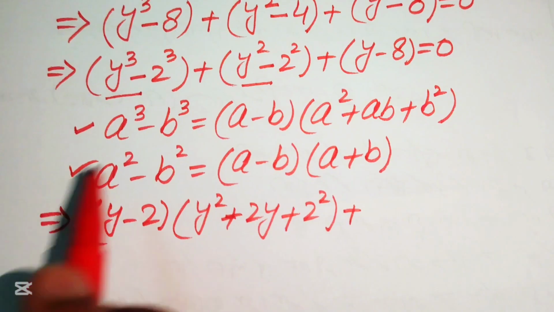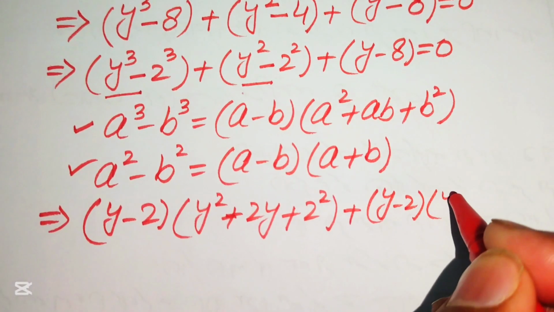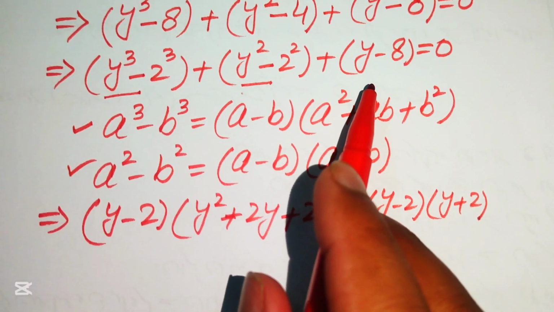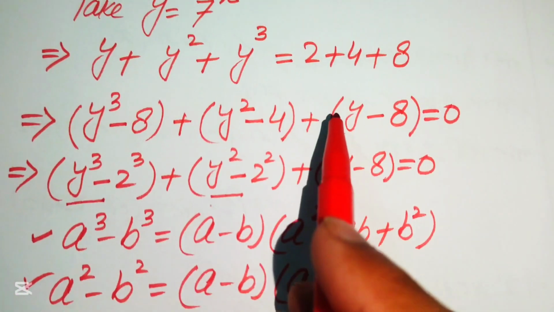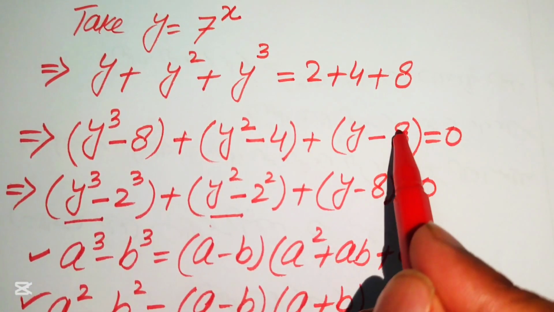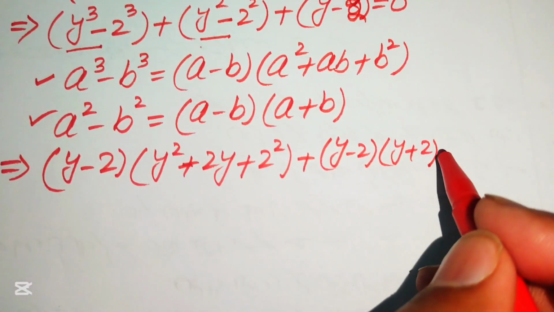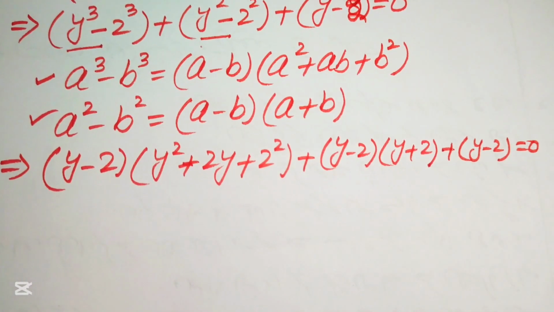Here we can apply this formula, so it is written as y minus 2 times y plus 2, and here we have, sorry, this is 2, I wrote it by mistake. When you move this 2 here, this will be 2 only. Okay, this is 2. So we write it as plus y minus 2 equals 0.